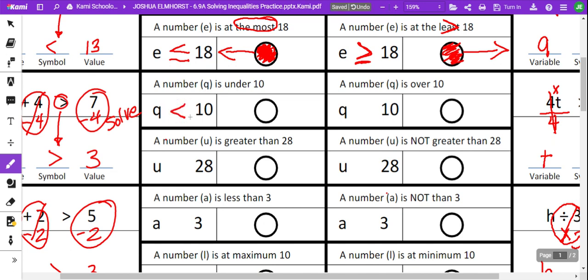Under means below or less than. Going to the left. Under 10. Over 10 is bigger. So we're going to do the open inequality sign over. Q is over 10. Over is going to be going to the right.